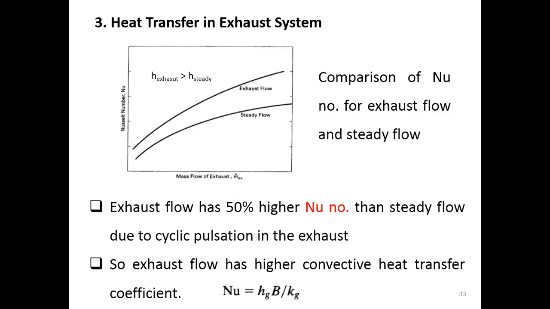Compared with the exhaust flow that goes in, close, then open for out, then close, open for in, it happens like this. It's different. The amount of heat transfer is higher, almost 50%, compared with the steady flow.